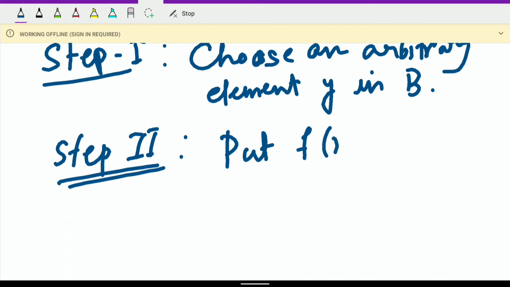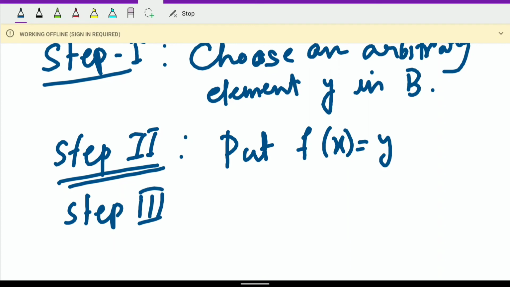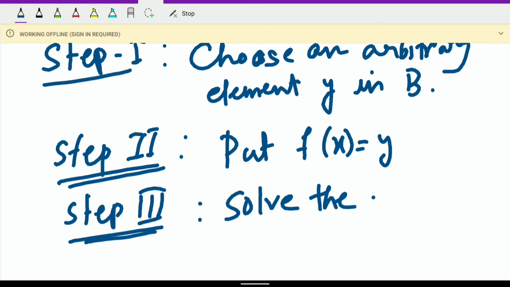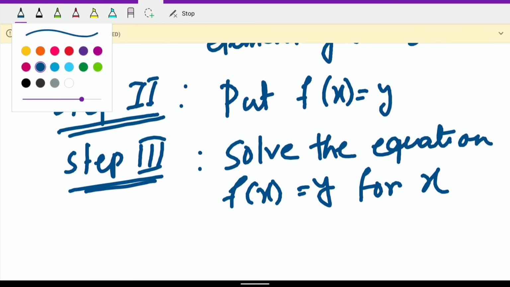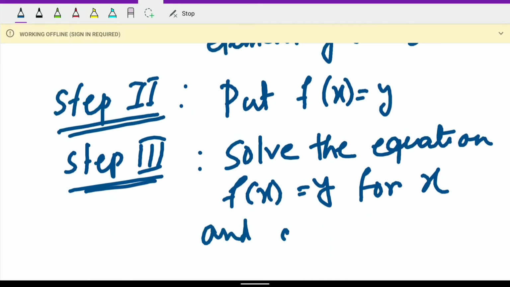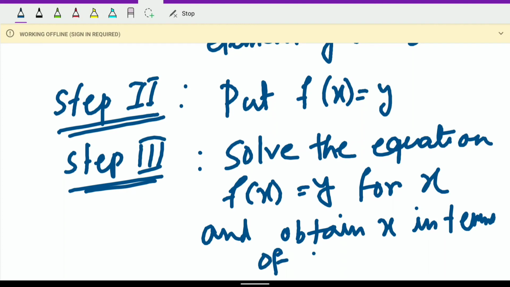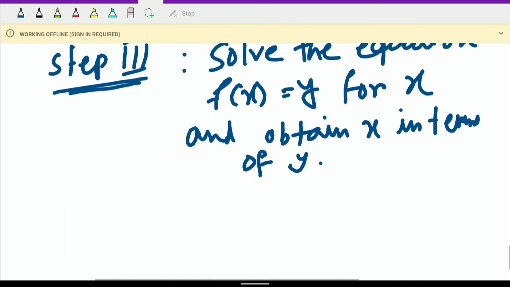Put f of x equals y. Now step number 3 is very easy, that is, solve the equation f of x equals y for x, and obtain x in terms of y.